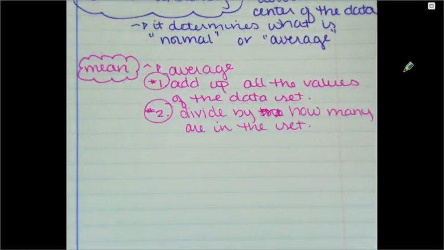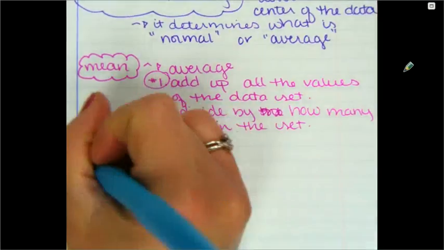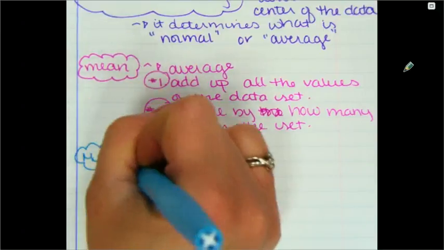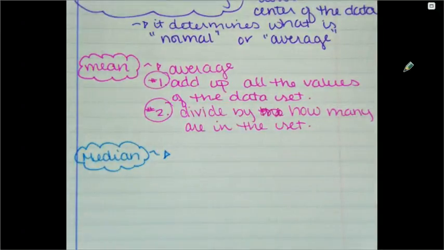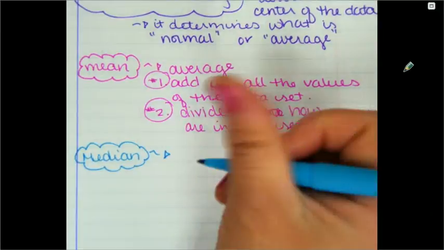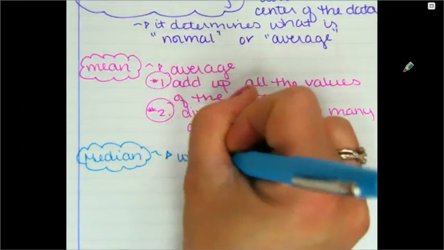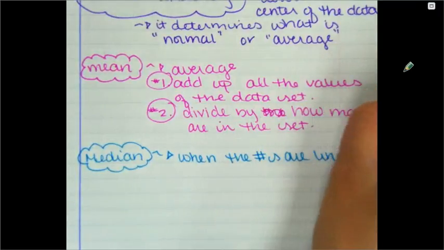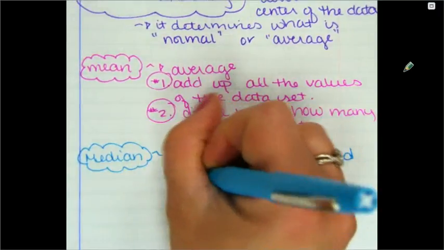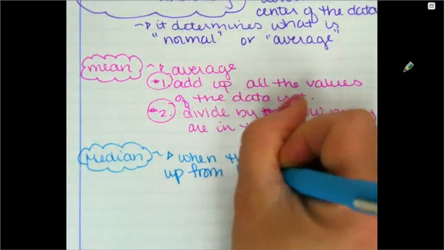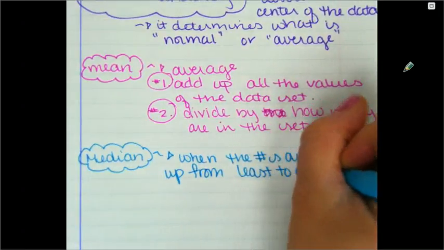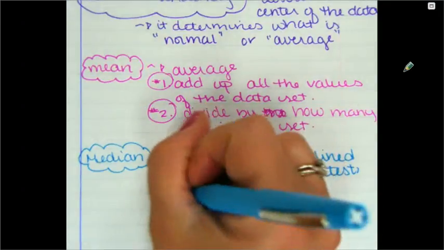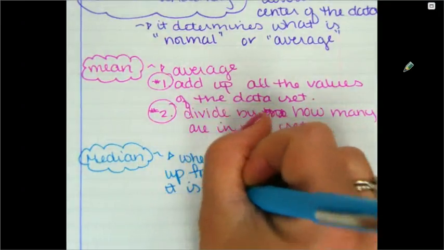Alright, next one is median. It's when the numbers are lined up from least to greatest. It is the middle number.